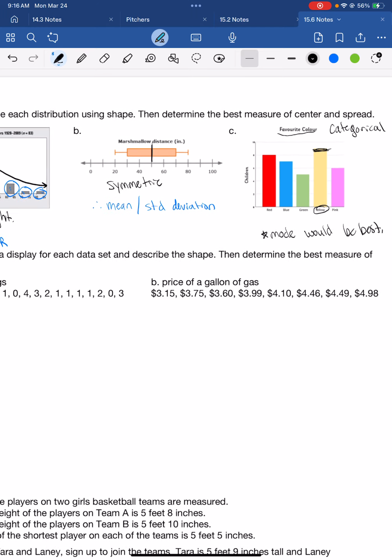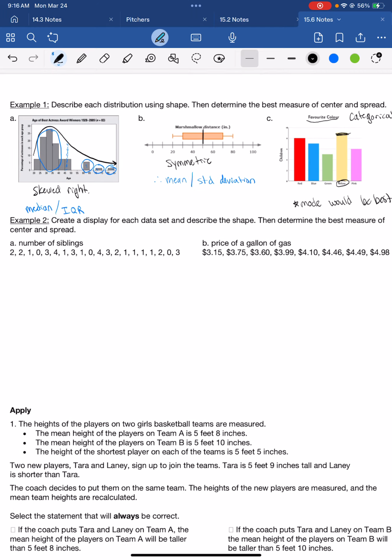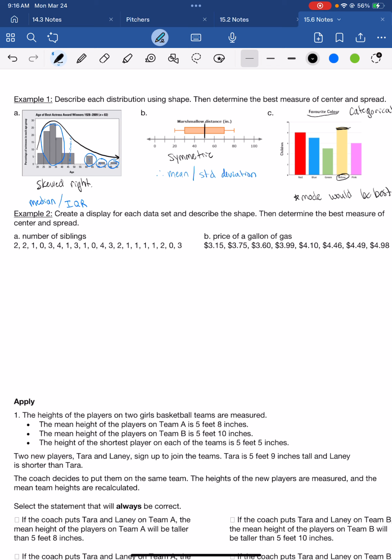All right. It says create a display for each data set and describe the shape, then determine the best measure of center and spread. So we have number of siblings, and all the numbers are between 0 and 4. I think the best display for this is just a line plot.